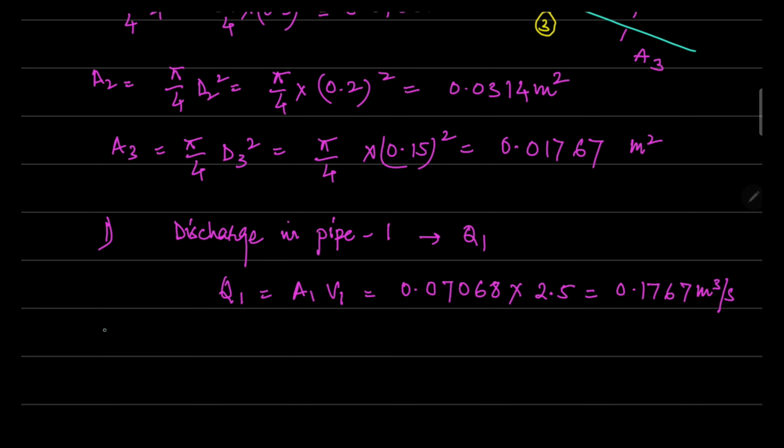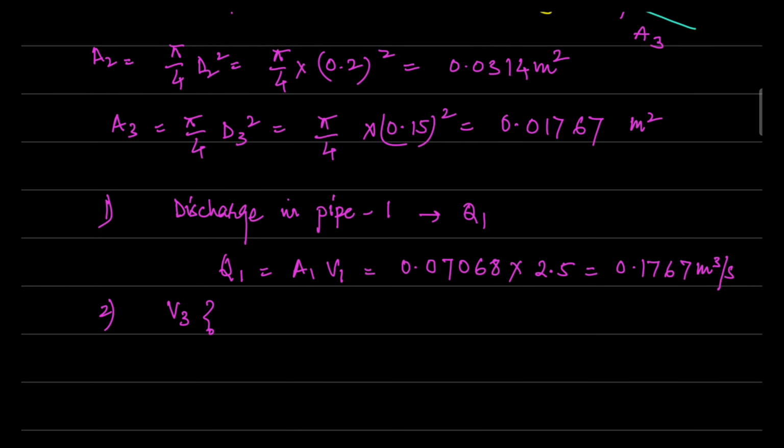Now the second question asks for the velocity in pipe 3. So we have to figure out V3. If we rewrite the continuity equation for this section, the discharge at section 1 is Q1 and that will be equal to the discharge at section 2 plus discharge at section 3.